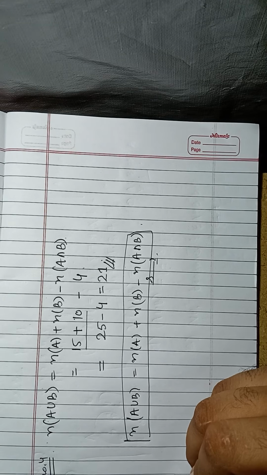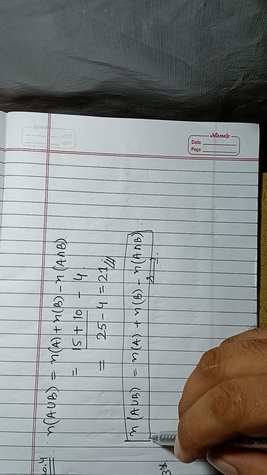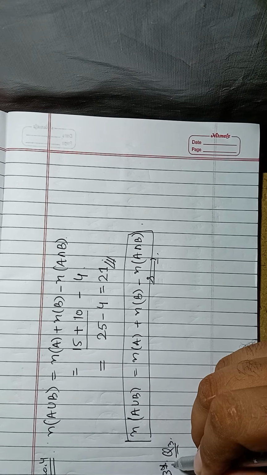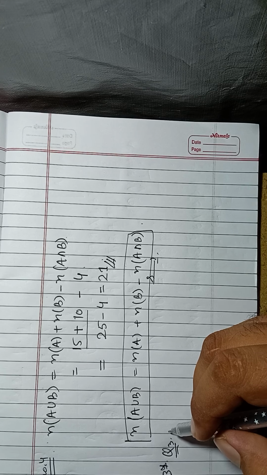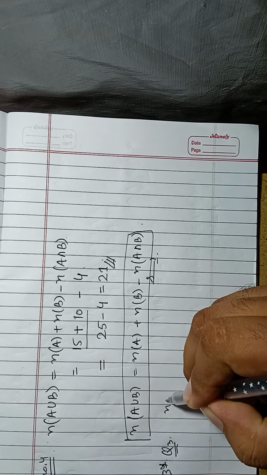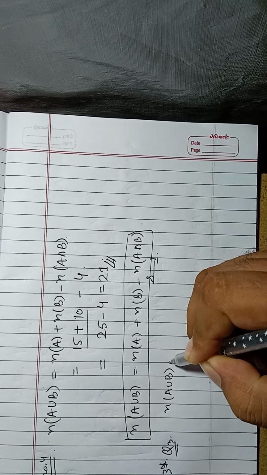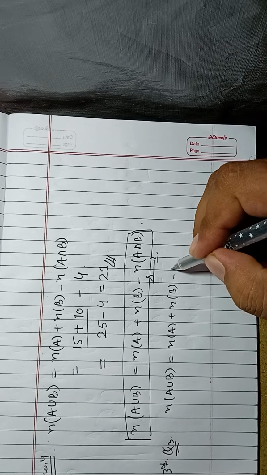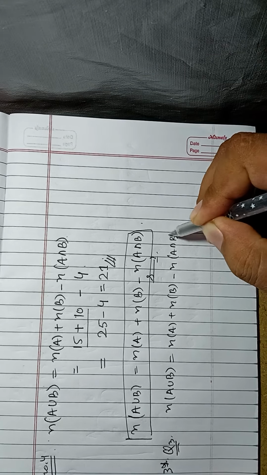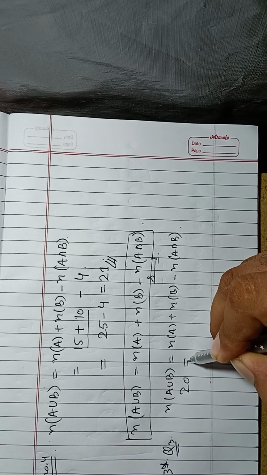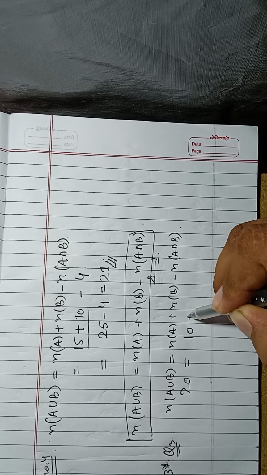In exercise 3 star, we have a question like this, question number 3. We need to find n of A intersection B. You can see here n of A union B. We will write first the formula: n of A plus n of B minus n of A intersection B. Here n of A union B is 20, n of A is 10, n of B is 16.